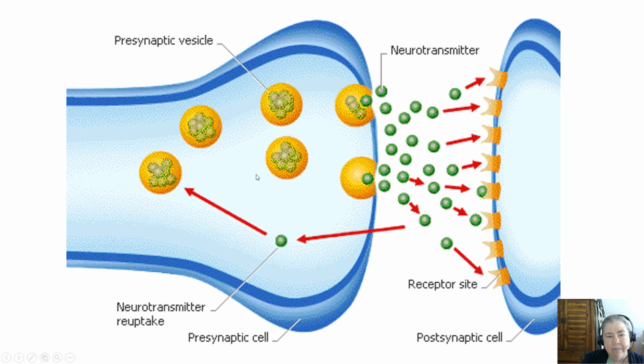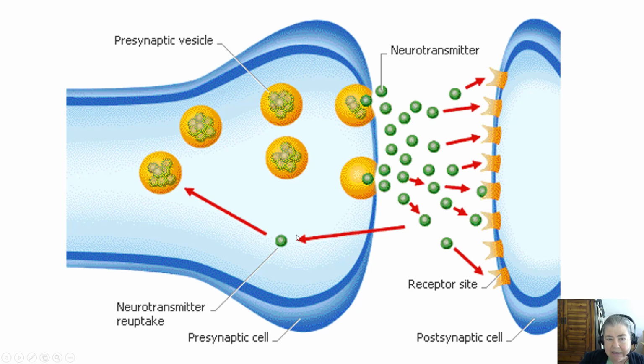Within the presynaptic cell, at the synaptic terminal, there are vesicles that are full of neurotransmitters. Those vesicles, when triggered by an electrical signal, merge with the cell membrane and release their neurotransmitter molecules into the synaptic cleft, where they are picked up by receptor sites on the postsynaptic cell.